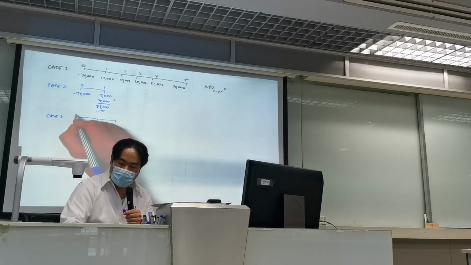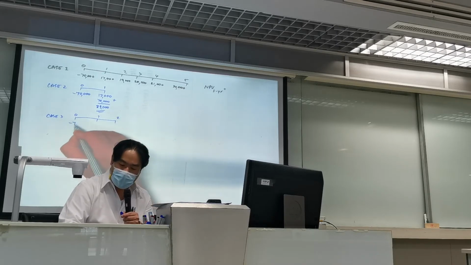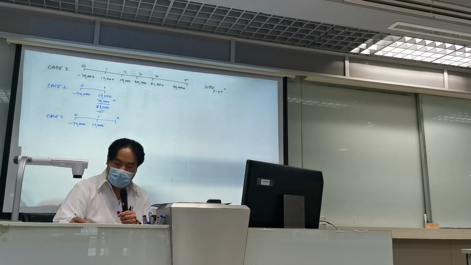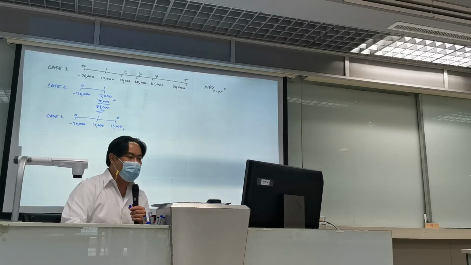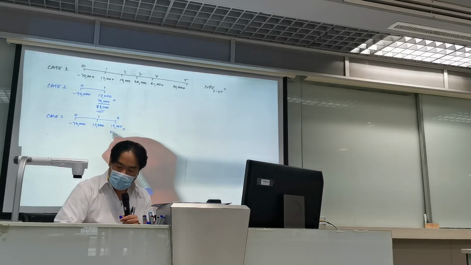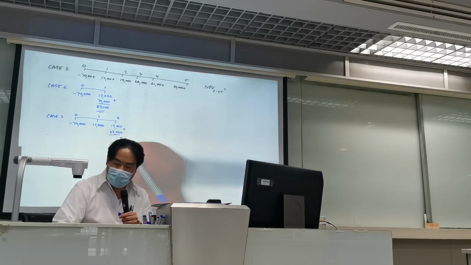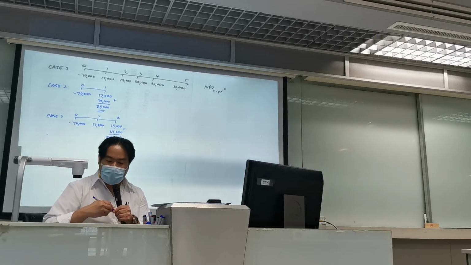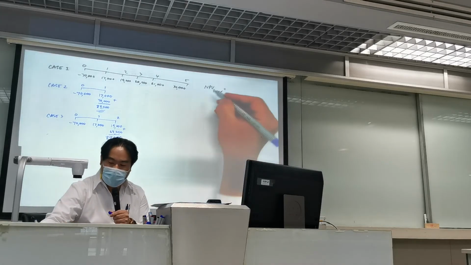You invest for 2 years by yourself. Invest 70,000. You earn cash flow in year 1, 17,000. Year 2, 19,000. After that, you sell it immediately, so you get 69,000. So cash flow in year 2 turns out to be 88,000, like this. So in this project, you are going to get more than 1 NPV.